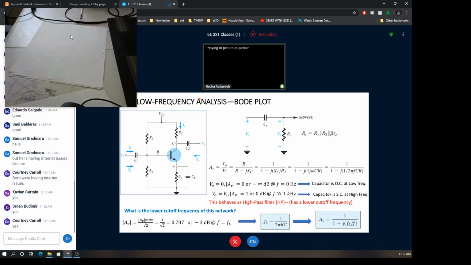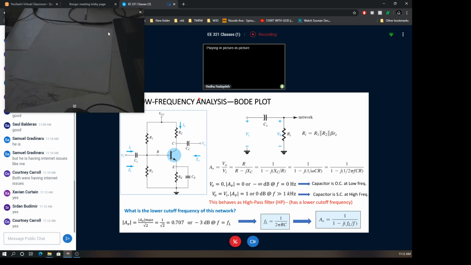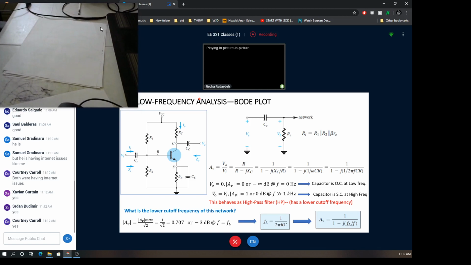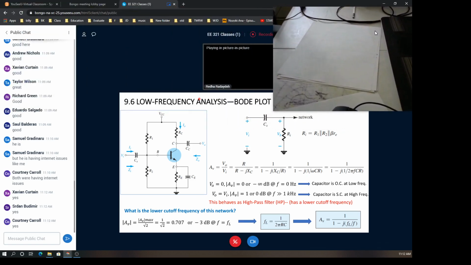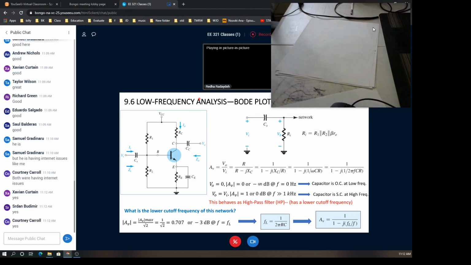This analysis will be repeated again and again for any amplifier in the next sections, so it's good for you to pay more attention to this section, because the same procedure of analysis will be repeated in the coming sections. This section talks about the low frequency analysis, the Bode plot, how you generate the Bode plot, and how you can find the cutoff frequencies.